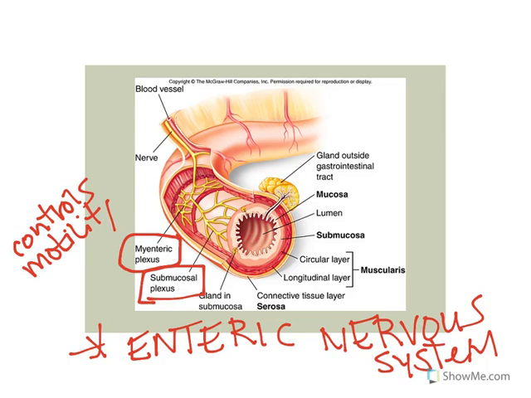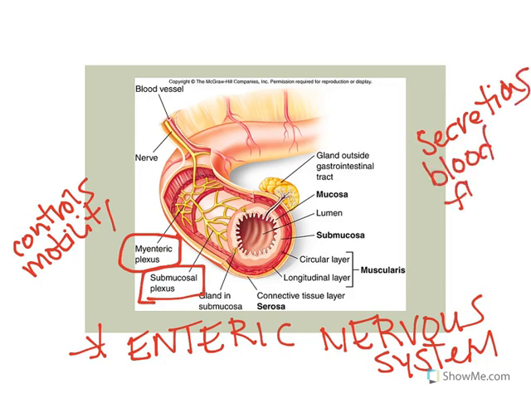Since it's right beneath the mucosa, it's going to control secretions, but it also helps to control the amount of blood flow that's going to that portion of the gastrointestinal tract. So those are two major components of the enteric nervous system. So you have myenteric plexus and the submucosal plexus.